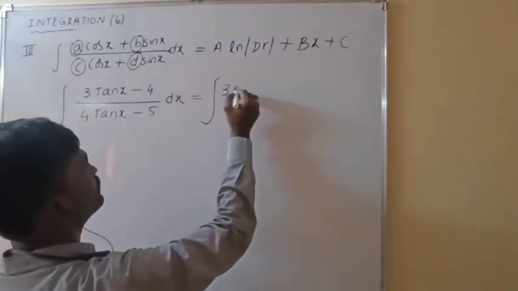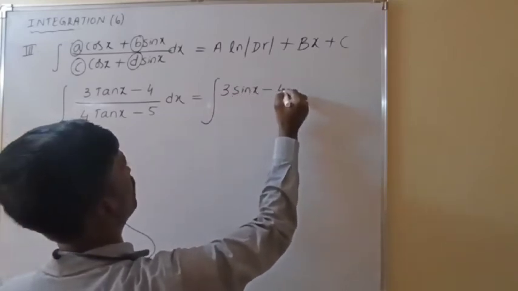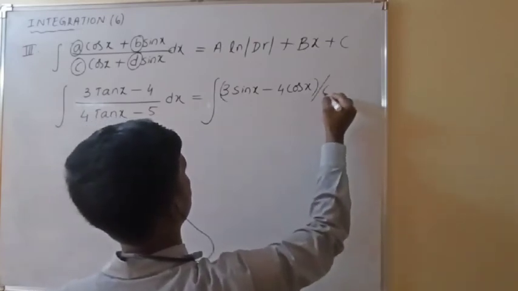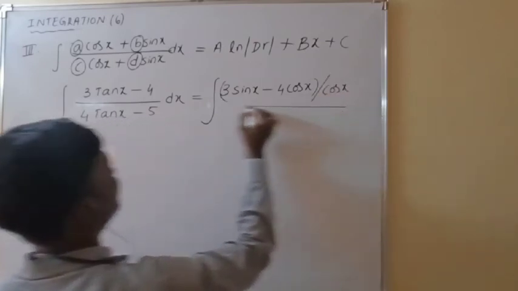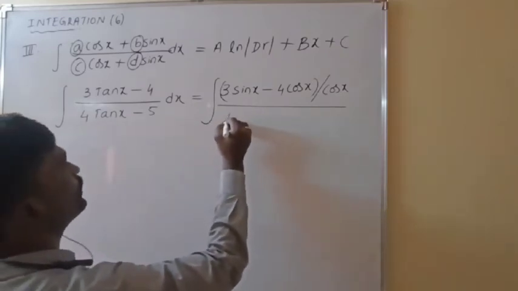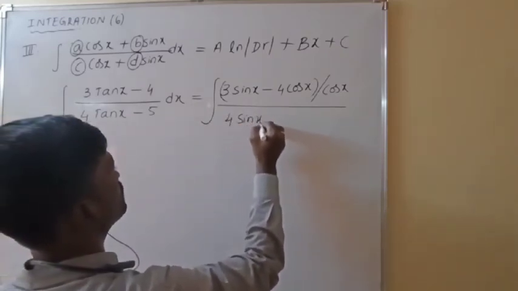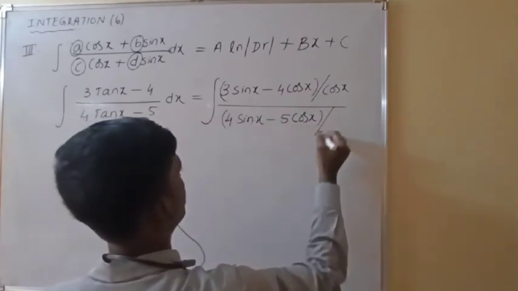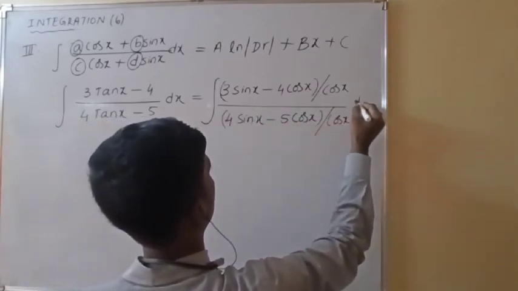Then what will you get? Numerator, I am writing directly: 3 sin x minus 4 cos x divided by cos x. Am I correct? Whole divided by, here also if you write tan x as sin x by cos x and take cos x as LCM, you get 4 sin x minus 5 cos x divided by cos x into dx.